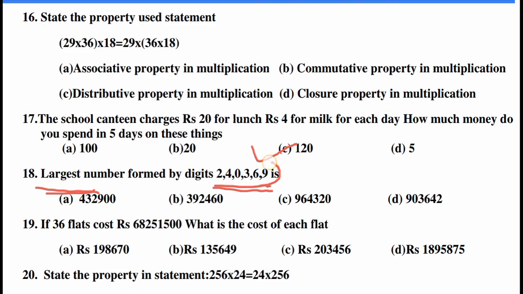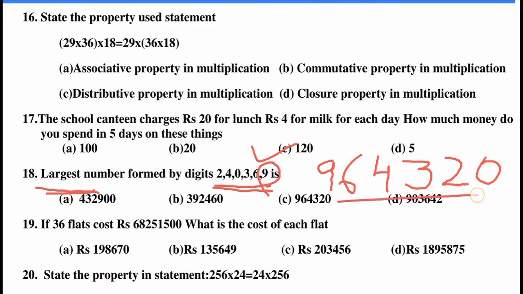So first of all we write the greatest digit, then smaller than that 6, then 4, then 3, then 2 and then 0. So it is the answer of this question and it is given in option C.